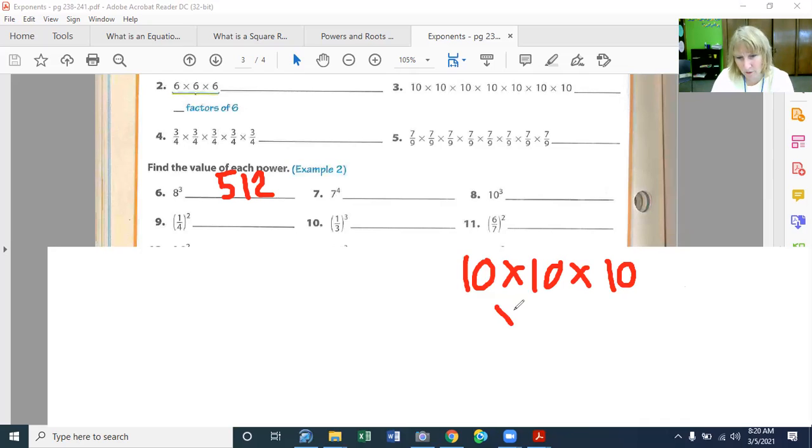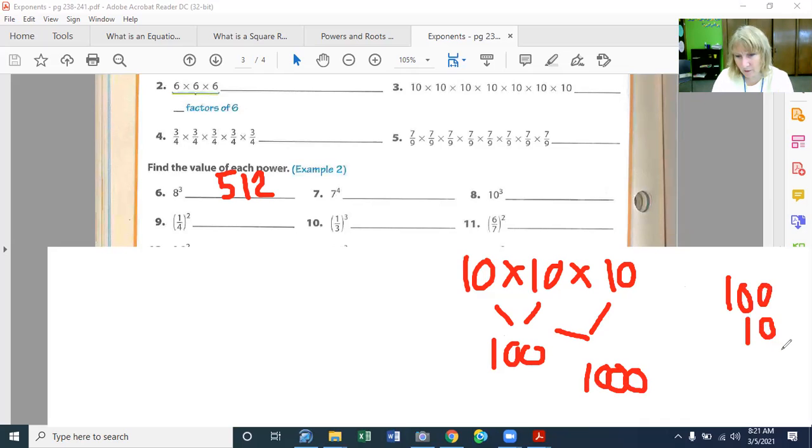So take them in twos. 10 times 10, 100, and then 100 times another 10 is 1,000. If you didn't know that, you could write it vertically and write 100 times 10 and solve that way. And that would give you 1,000. So 10 to the 3rd power is 1,000.